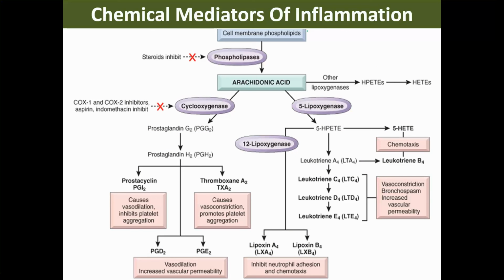So cell membrane phospholipid is broken down by phospholipase and forms arachidonic acid. Then cyclooxygenase breaks the arachidonic acid and forms prostaglandin. Prostaglandin is responsible for pain and fever.